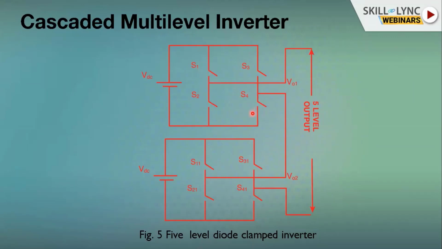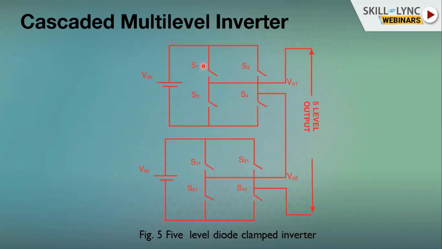So when you use this strategy, when you go from S1 to S4 and then change over from S3 to say S2, you have to consider your dead bands, so that while this is turning off and S2 is turning on, there is no overlap time, because during that overlap you can cause a dead short across this, and boom, it'll cause a blast. So you have to be very sure about that.